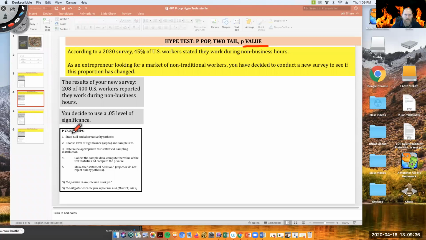Our p-value steps: state the null and alternative hypothesis. Remember our null was that H0 is that P pop is equal to 0.45.